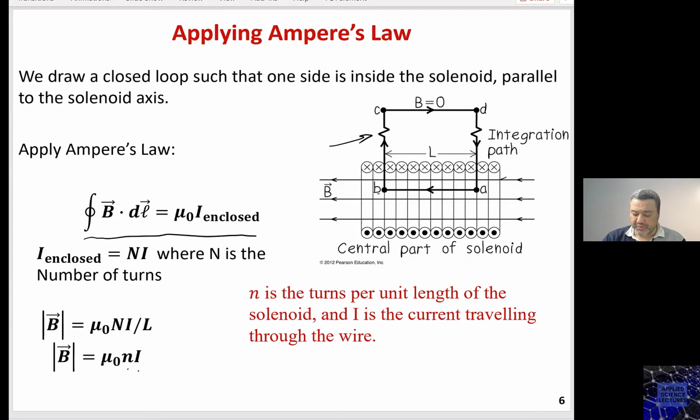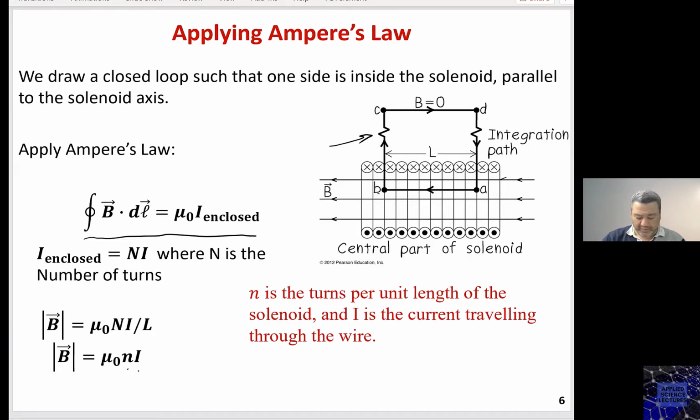We have this closed path made of a rectangular shape with a length L, such that it forms a closed path, and as you can see, it captures those numbers of turns inside this closed path.